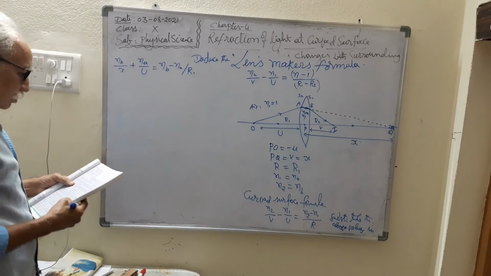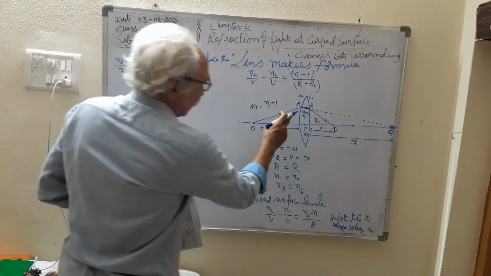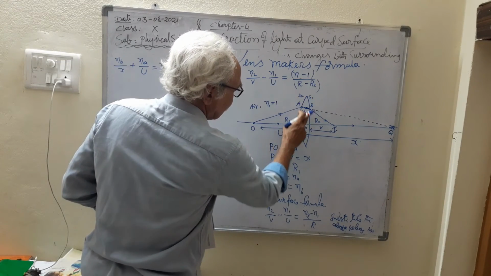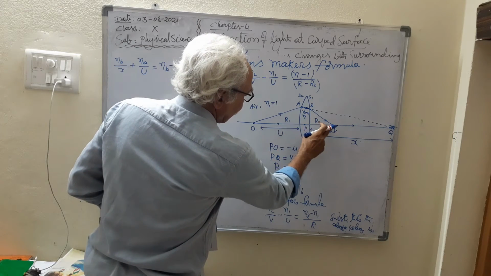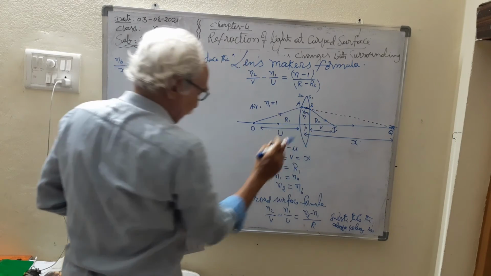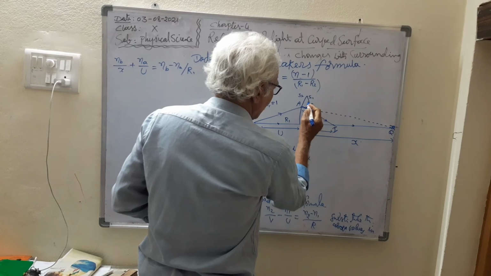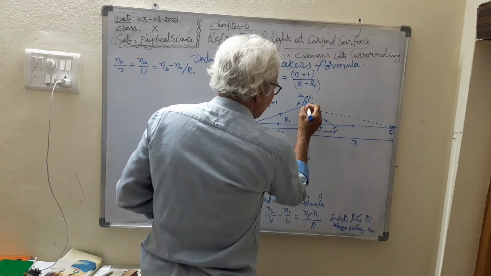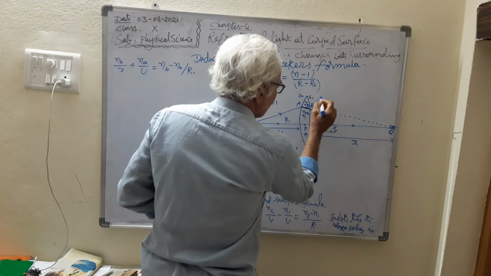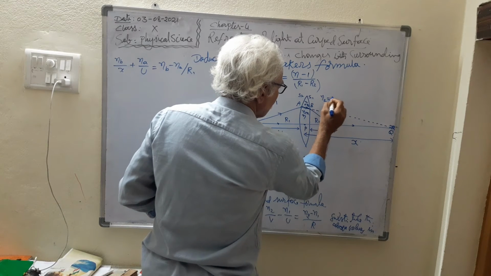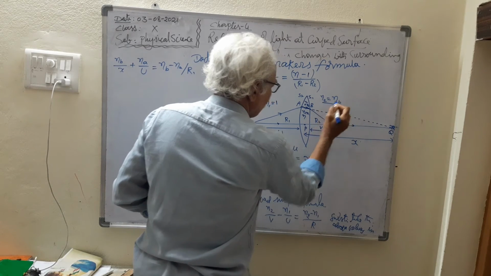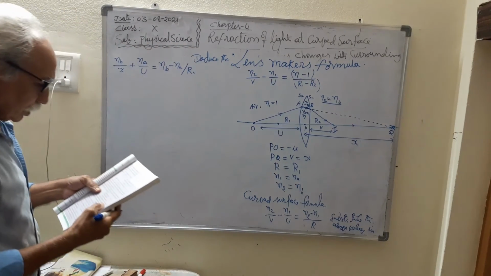Right, now what happens here? The refracted ray touches the second surface, then is refracted again. For the second surface, N1 is equal to NA and N2 is equal to NB, opposite.